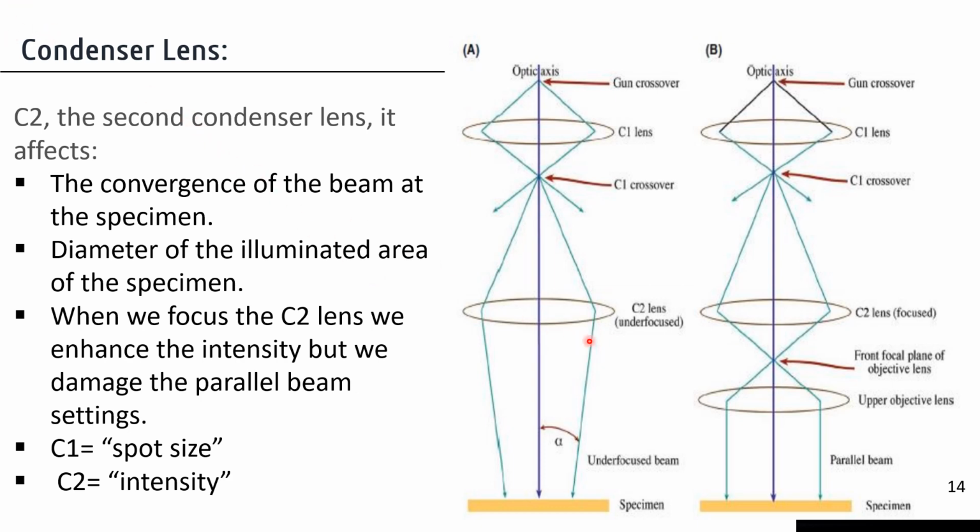Here we see from the picture that when the C2 lens is focused, it gives the front focal plane of the objective lens, and this gives the parallel beam, and when under focused, it does not give a parallel beam.